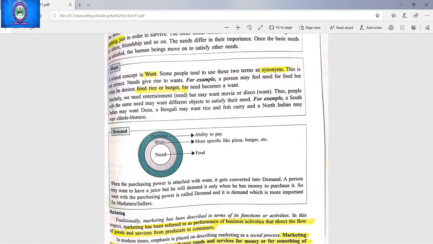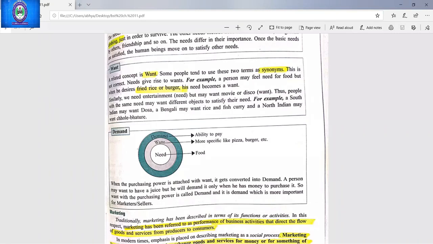Need is the food, and want is more specific, like pizza, burger, etc. And want will become demand only when we have money or are able to pay. So ability to pay. In marketing, we not only need the consumers, we need the consumers who are able to buy the products. Only that will be considered our target market.